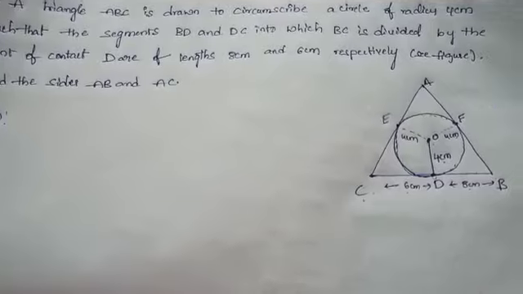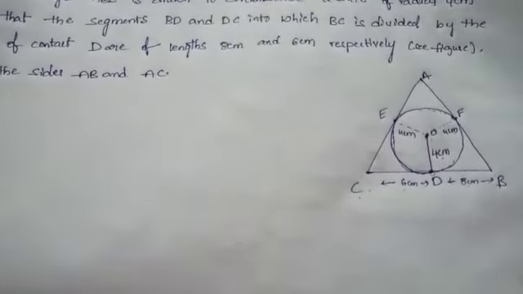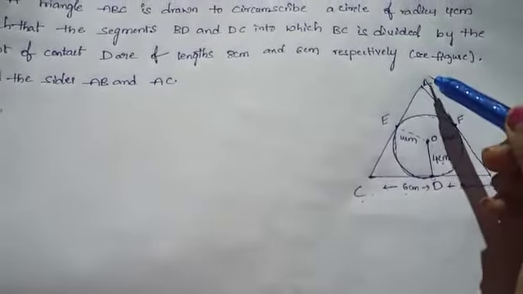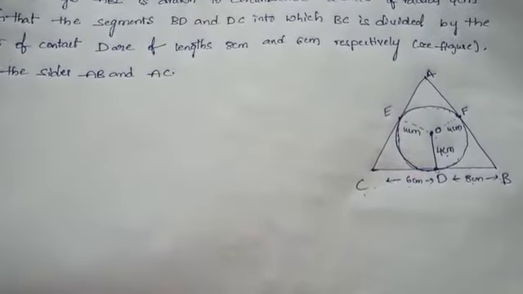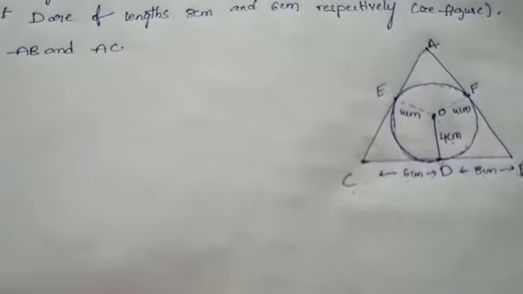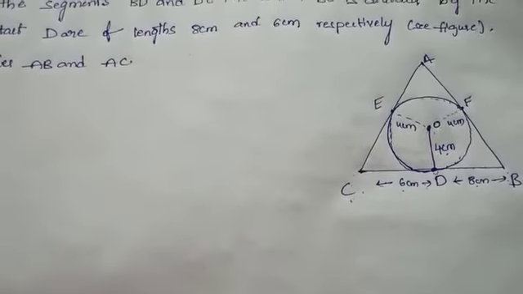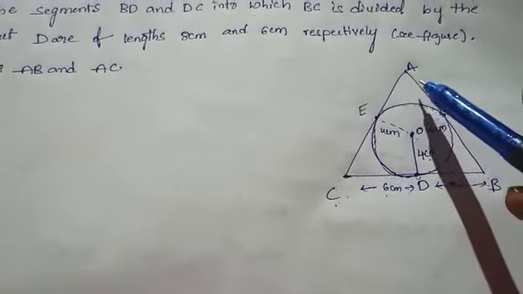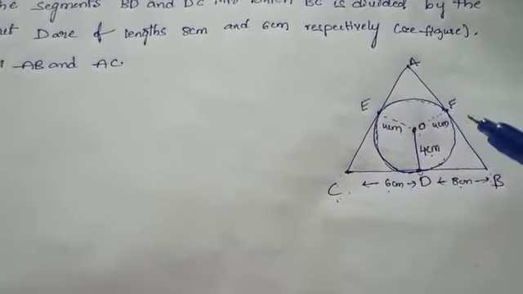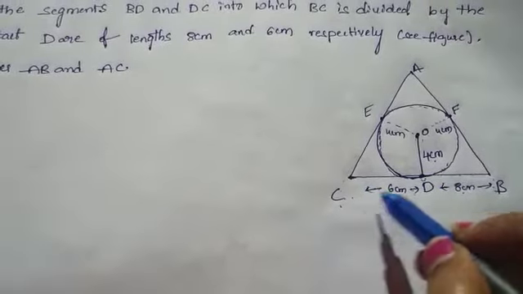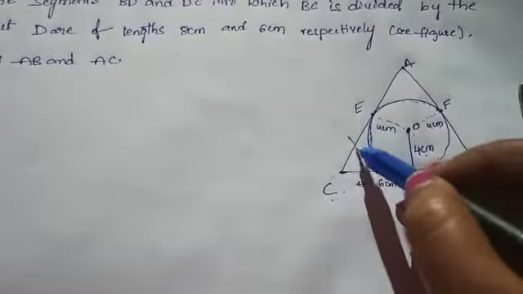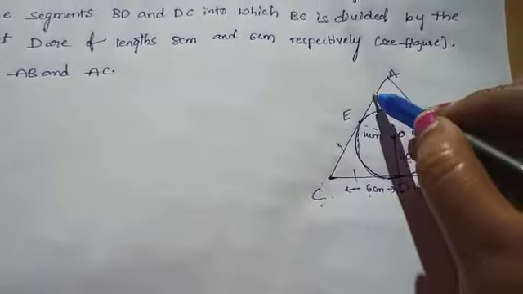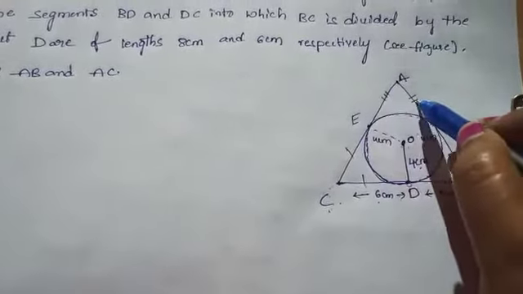Here A, B, C are external points of the circle. So according to theorem 10.2, lengths of tangents drawn from an external point of the circle are equal. It means CD equal to CE, BD equal to BF, AE equal to AF.